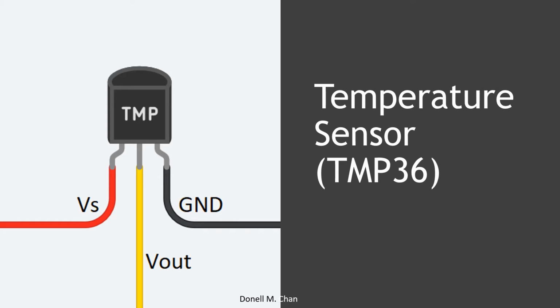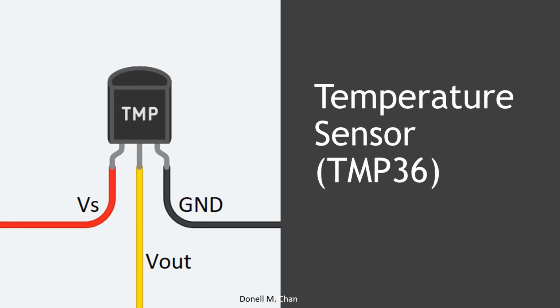The TMP36 is a precision centigrade temperature sensor that runs on low voltage. It is an electronic device that measures the temperature of its environment and converts the input data into electronic data to record, monitor, or signal temperature changes.